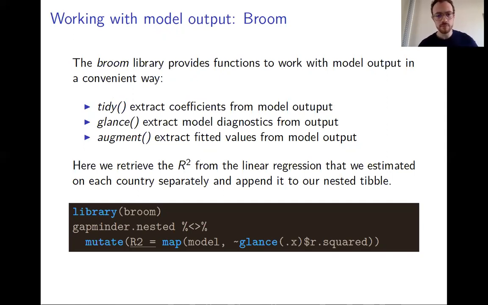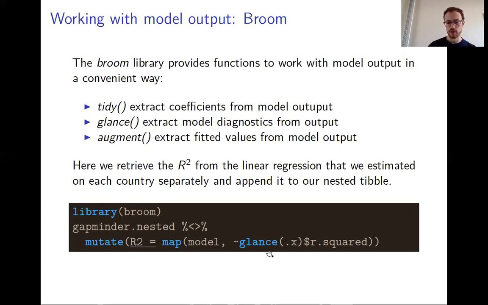So what I'm doing now is I'm going to create an additional variable in the Gapminder nested dataset where I extract the R squared from each model that we estimated on each country. So I again use mutate. I create this new variable r squared, and then I map glance, where I extract the r squared, over the model column in the nested data set.